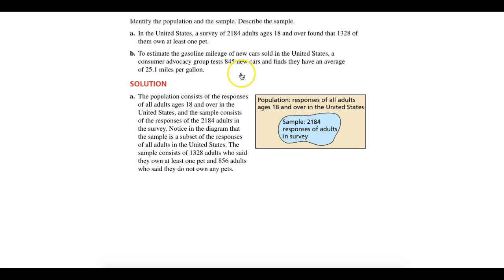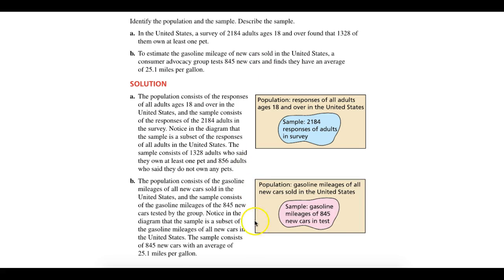To do that, we have to run tests on 845 new cars. So the 845 new cars are a subset of all new cars. So if we drew a diagram here, the population is going to be all new cars sold in the US, and our sample is that subset of 845 that we actually tested.